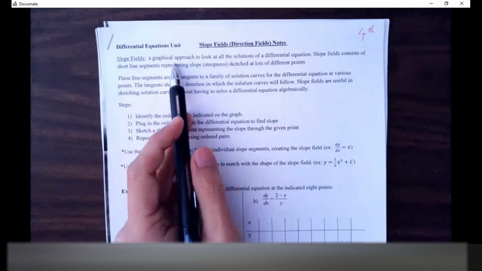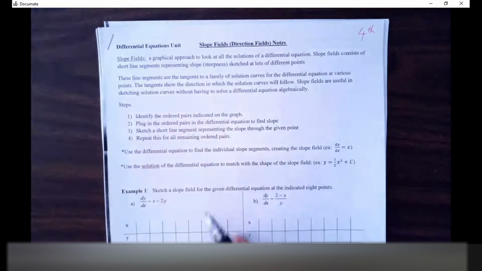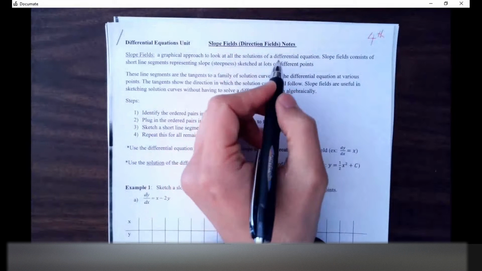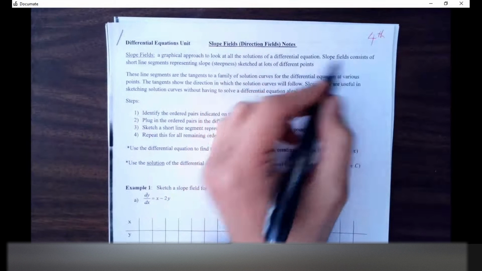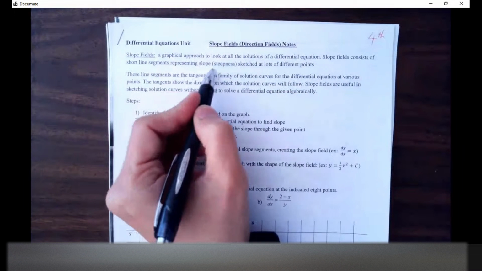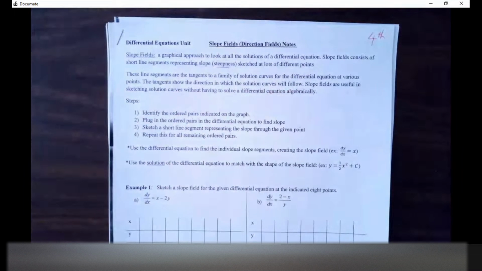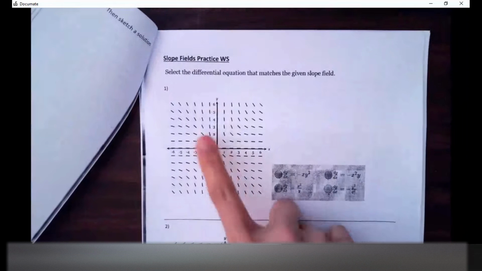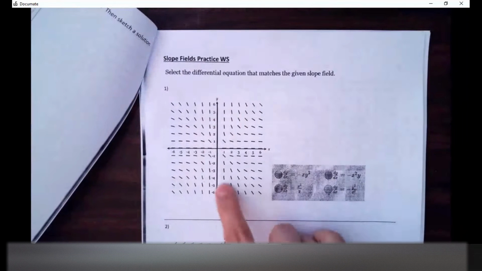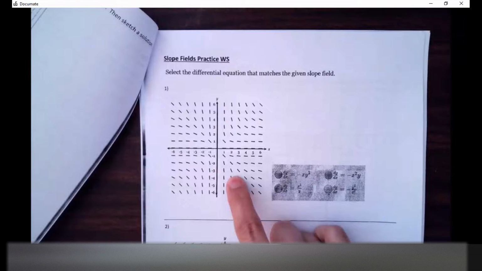So a slope field is a graphical approach to look at all the solutions of a differential equation. Slope fields consist of short line segments representing slope, or the steepness, sketched at many different points. So ultimately our slope field, we're not going to be creating with this many points, but this is what a slope field looks like. So all these slope segments represent the slope at specific points.